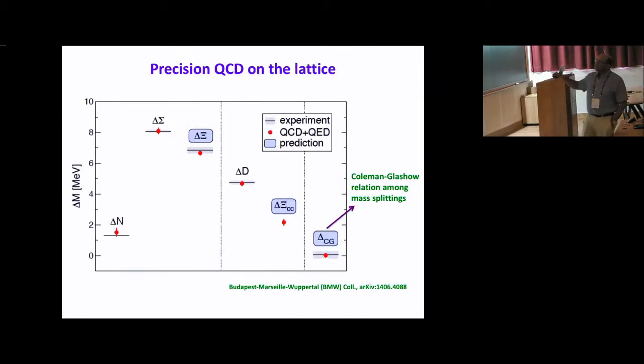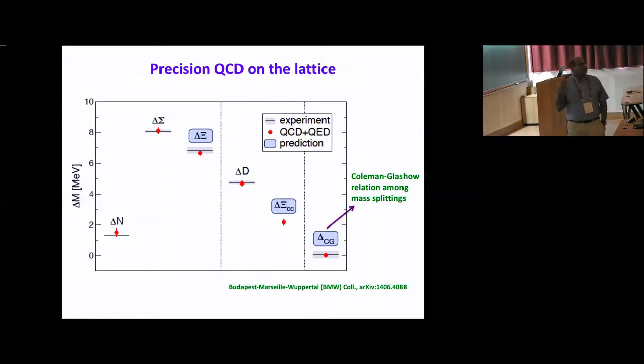This is the difference between the different multiplets of nucleons, sigmas, cascades, and so on. What people have succeeded in doing is putting both QED and QCD on the lattice, which you need because there's an electromagnetic contribution to the splitting between the mass of the proton and the neutron, for instance. So you need to take that into account, and you see you get that with very high precision.